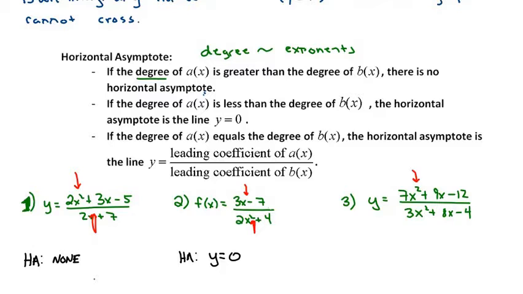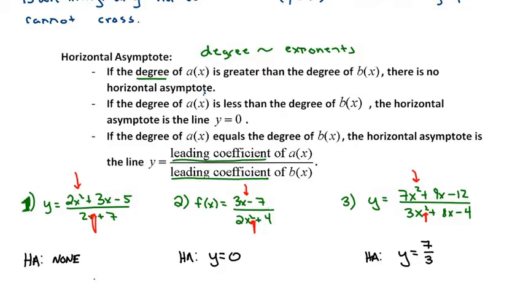Degree was the largest exponent. The horizontal asymptote is actually just the leading coefficients of the numerator and denominator. Remember, coefficient is just the number, it doesn't include the x. So this would be y is equal to 7 over 3.